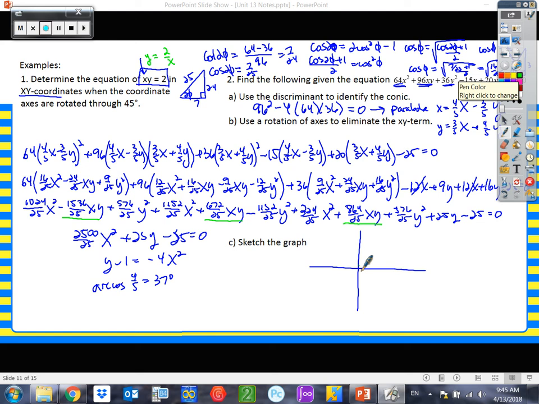We know that the center would be 45, so I need to go a little less than that. So maybe somewhere like that. This is rotated 37 degrees, and this is phi. So let's do our other axis. That's big X and big Y, and little x and little y.